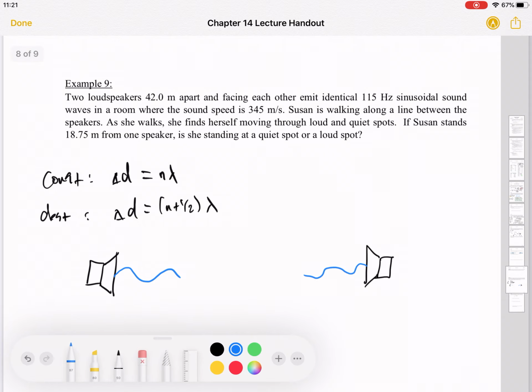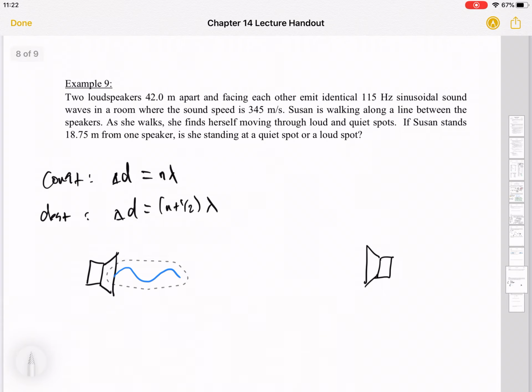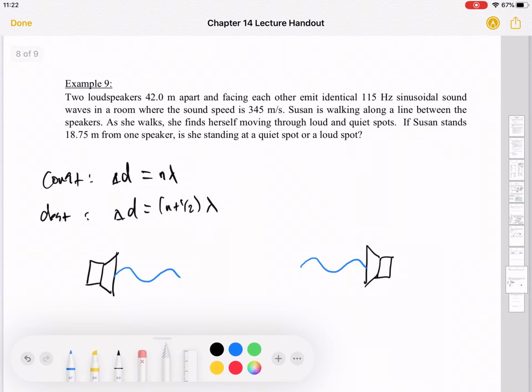Even though I can't draw very well, we just copy it. I wonder if I can just duplicate there. It's perfect. Look at that. Okay, so the question is, Susan is walking along a line that connects these. Right, so nope, what I actually want is this.